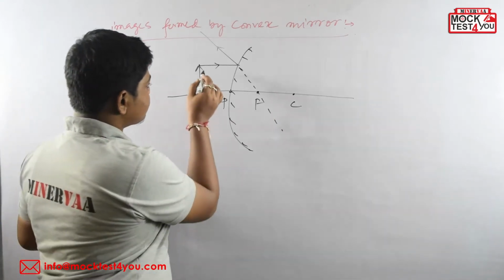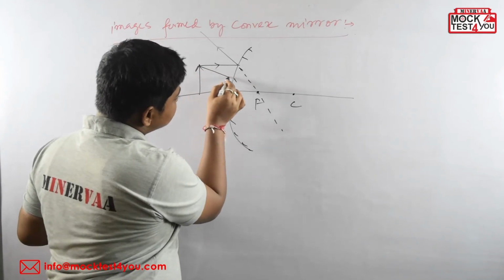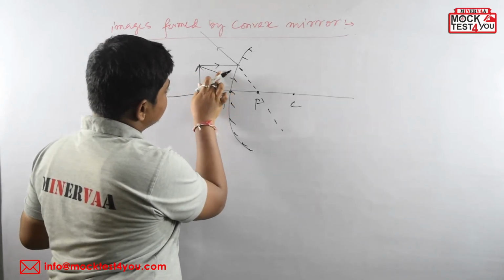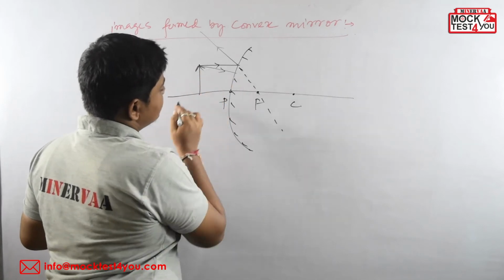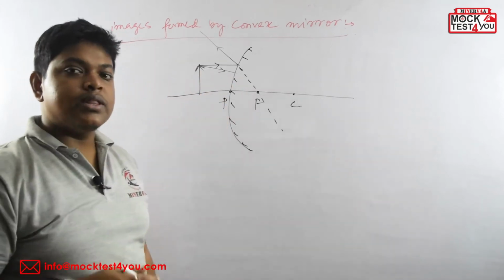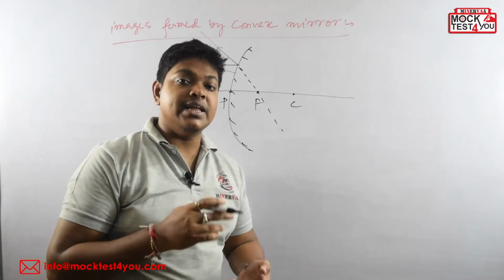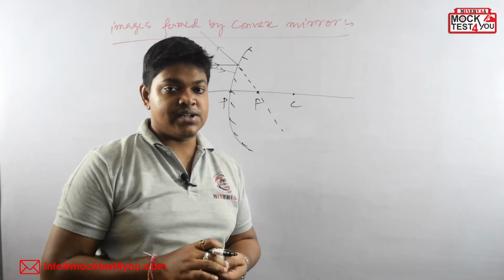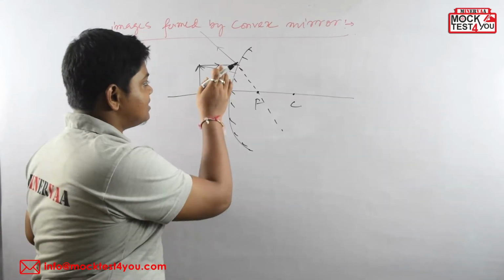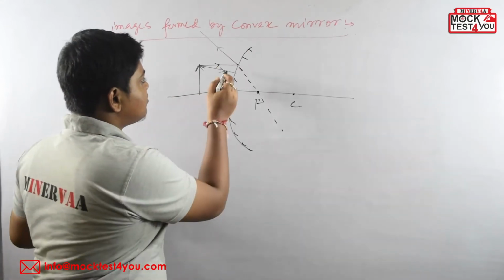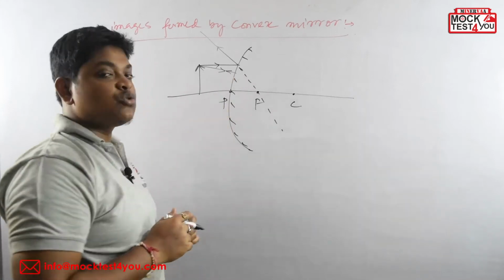So it will appear to meet at the focus. Now if a light ray is being projected like that, then we know that if a light ray is hitting the reflecting surface of the convex mirror, directed toward the center of curvature, then it will retrace the same path.